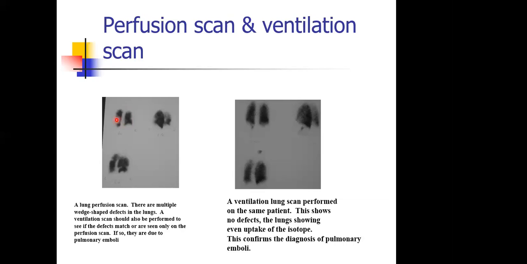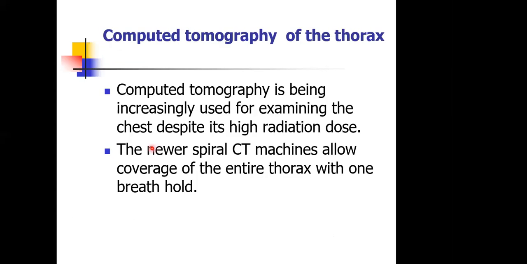But where they are blocked by emboli, the radioisotopes were not able to reach. So once there is a mismatch, then we know our patient is a suspect for pulmonary embolus. That is how it is usually interpreted.